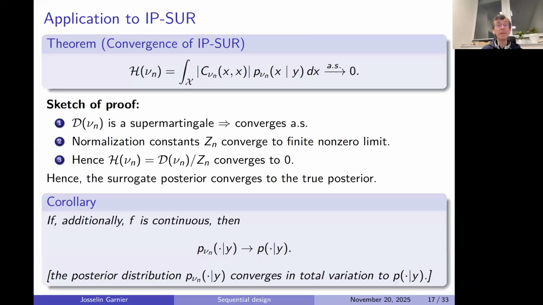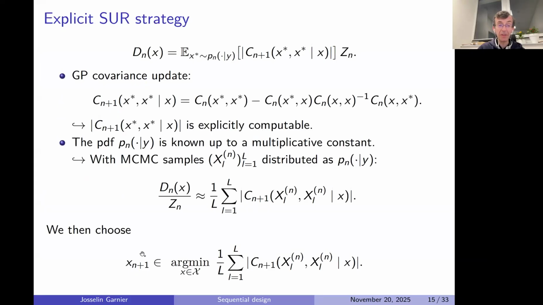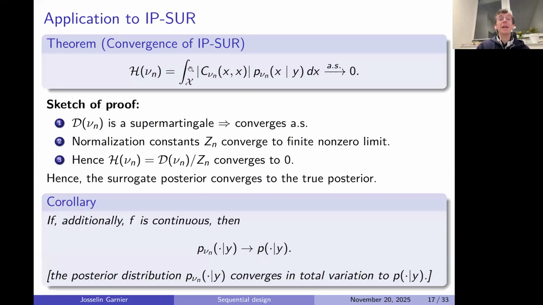So just to summarize, with this SUR strategy, by choosing sequentially x_{n+1} like that, which is easy, you are sure that your metric of uncertainty will converge to 0. So now you have the proof, and it's based on this supermartingale convergence theorem again, plus some additional ingredients.